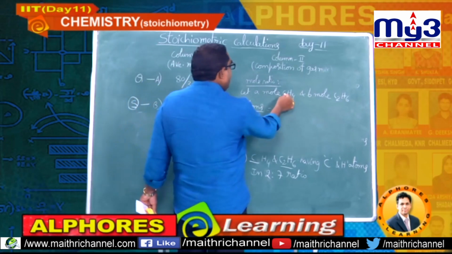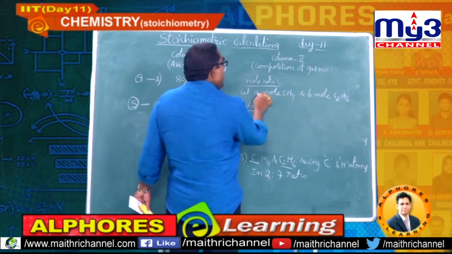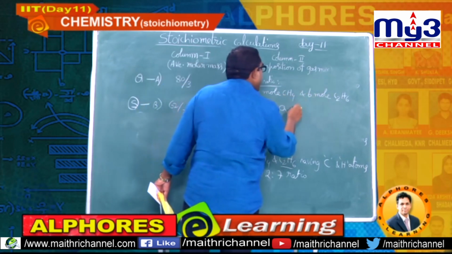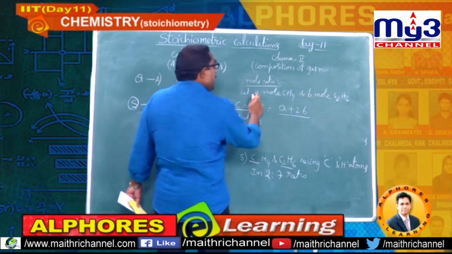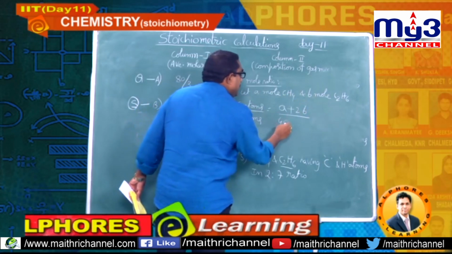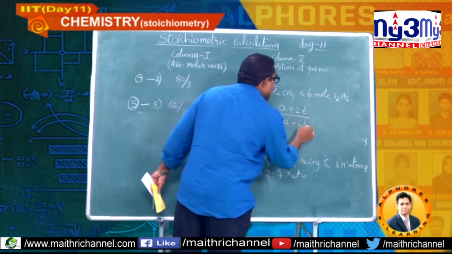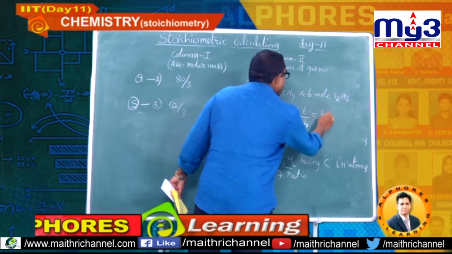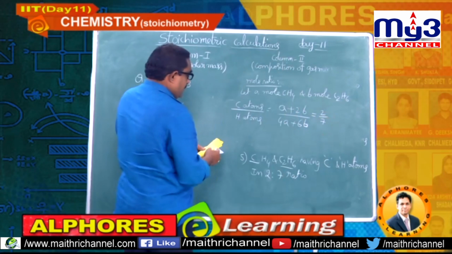So carbon atoms: A moles, A carbon atoms, and ethane has 2 carbons, so 2B. Here 4 hydrogens are there in methane, and in ethane 6 hydrogens, 6B. This exactly he has given as 2/7.